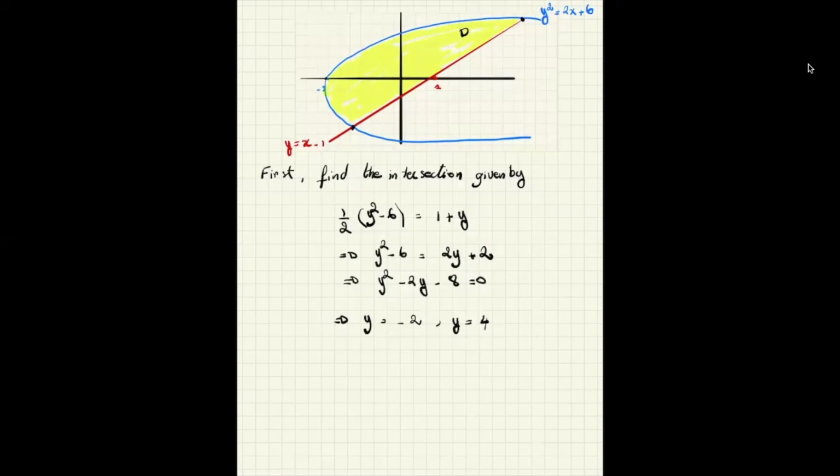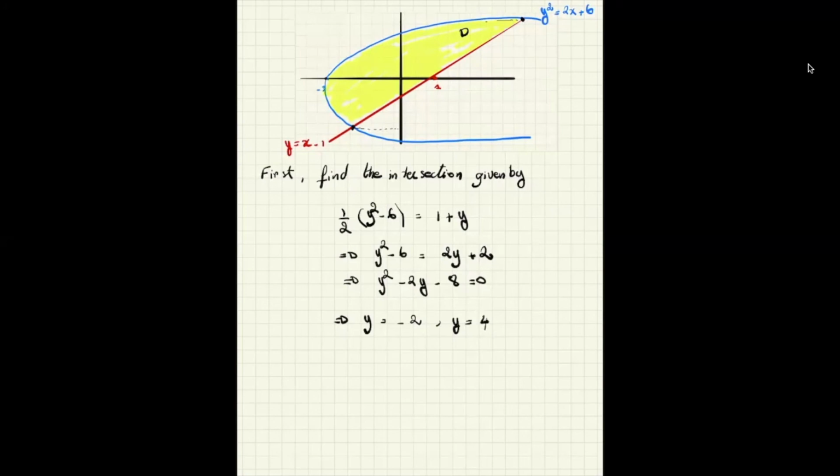But the idea is just to follow me on whatever this gives. These are the points we're looking for, right? And then x will be whatever.